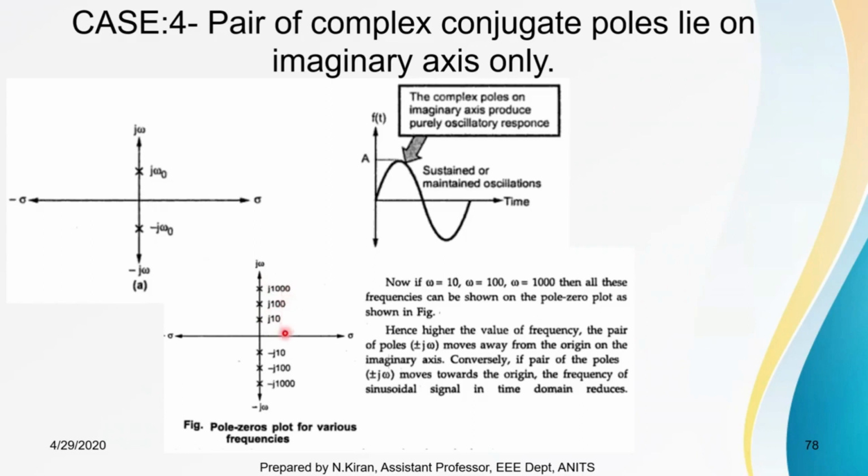Since frequency is directly proportional to omega, the farther the conjugate poles move from the origin, the higher the frequency. Similarly, as the poles move towards the origin, the frequency will reduce, since omega and F are directly proportional.